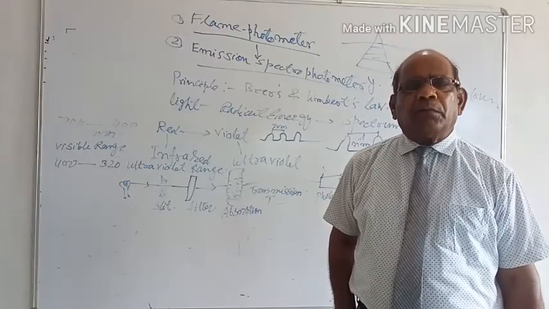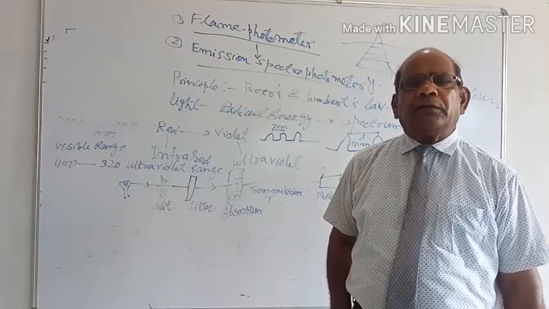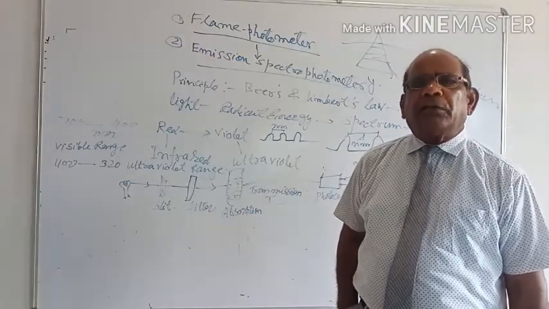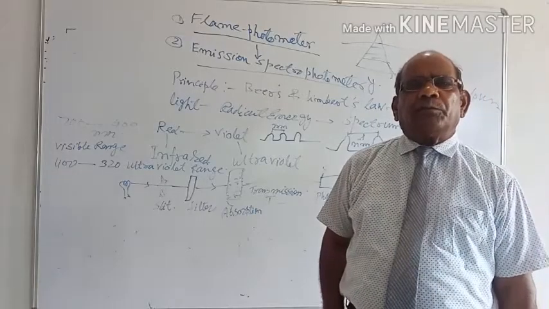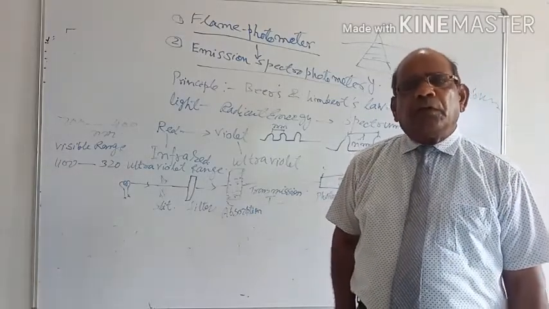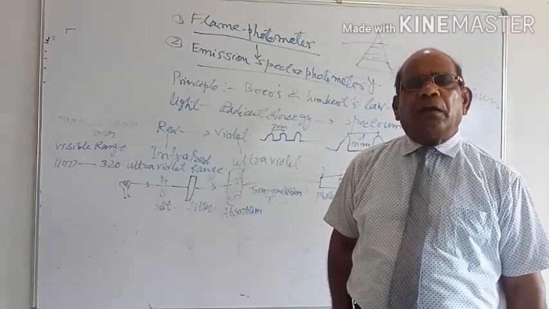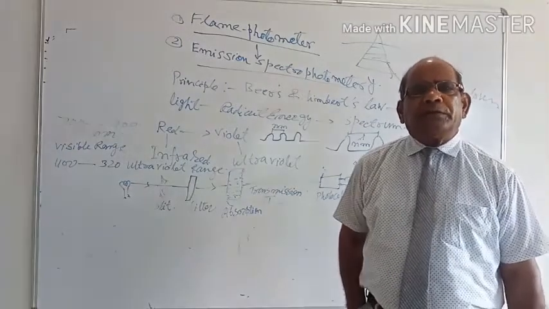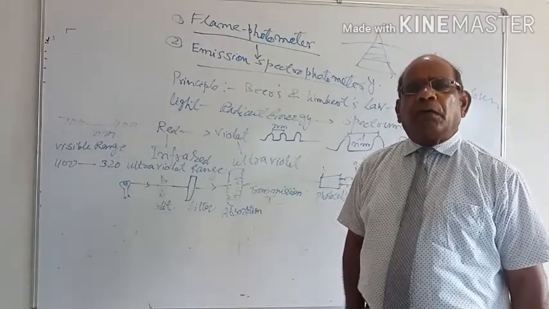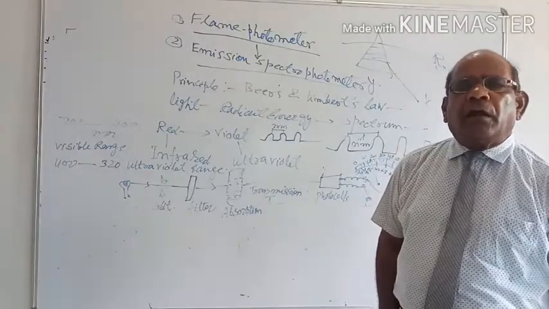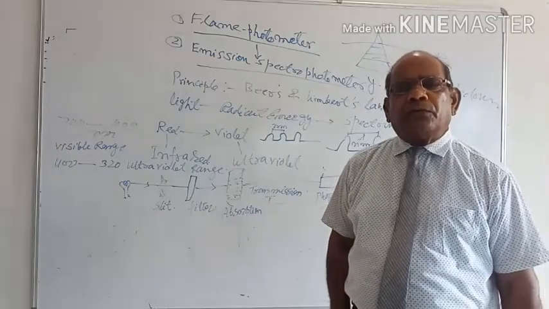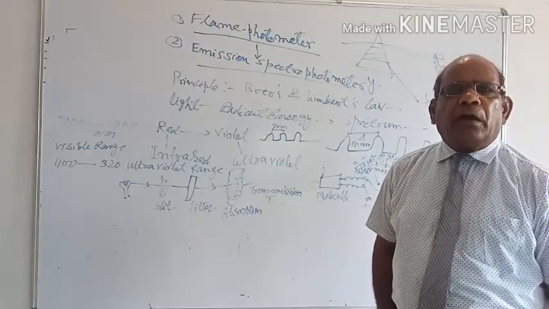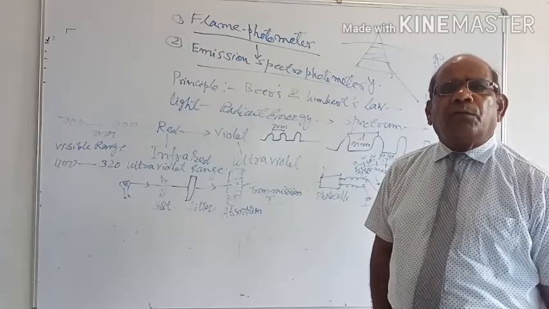When we excite the atom of any element, it emits a spectrum, and this spectrum is made to fall on a photocell, and this photocell generates the equivalent current, which is estimated on the voltmeter or in a calculator computer system. So flame photometry is an example of emission spectrophotometry.